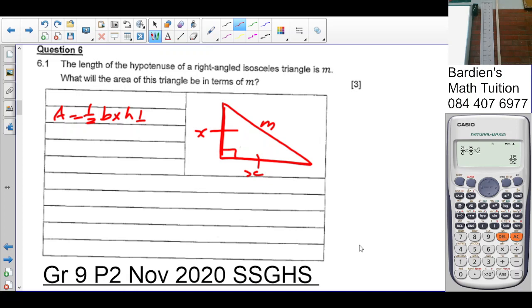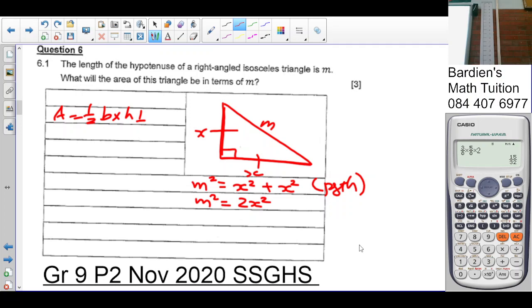By using Pythagoras. So m squared is equal to x squared plus x squared. In other words, we got 2x squared is equal to m squared. What do I want as a subject of the formula?